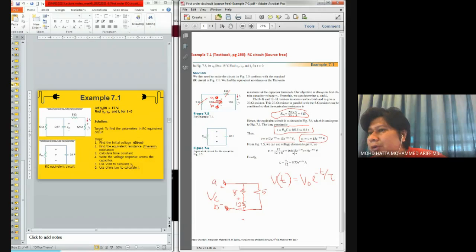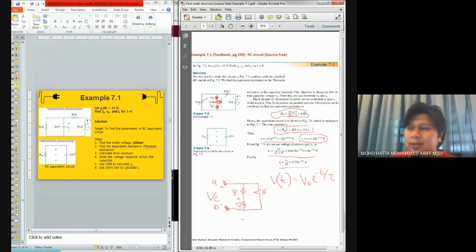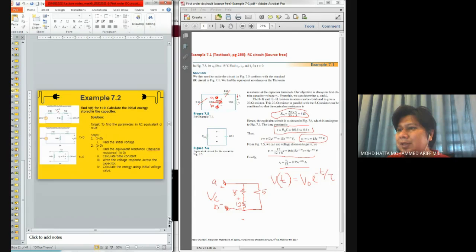Or you can use the voltage divider rule according to this solution. It uses the voltage divider rule, and later on uses that voltage to calculate Ix. So that's example 7.1. I think it's very straightforward in this example.